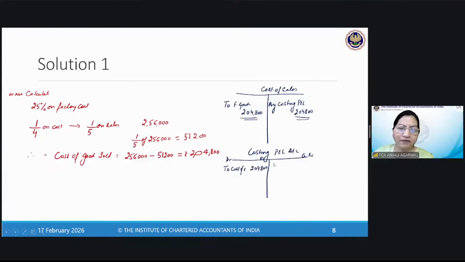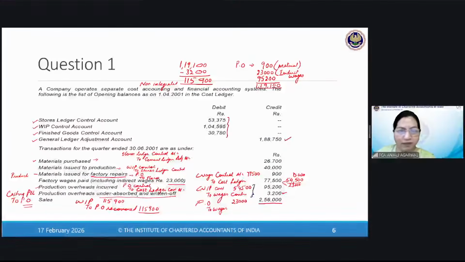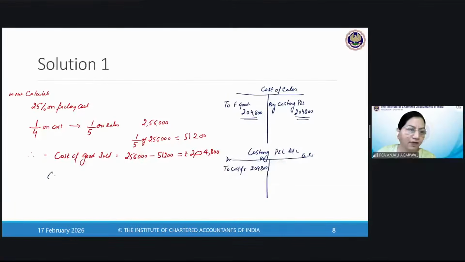And remember, we have not passed one entry here. We have done all the journal entries, but we have not passed one entry. And that is for sales, 2,56,000. So what is the scheme of entries for sales? First is cost ledger control account debit 2,56,000, and sales will be credited 2,56,000.